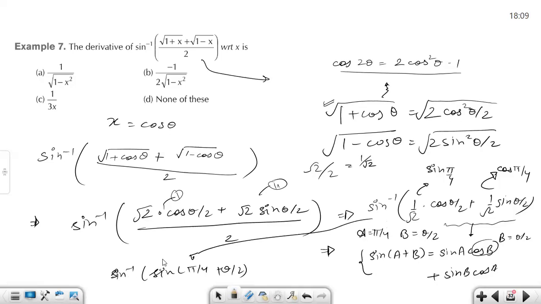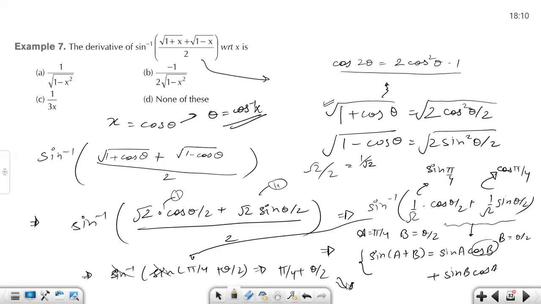And now we know the inverse trigonometric function and the trigonometric function cancel each other's effect. After doing so, it will become pi by 4 plus theta by 2. Now theta is not in the given options. We have to further substitute theta with x. From this, we can write theta is cos inverse of x, right?